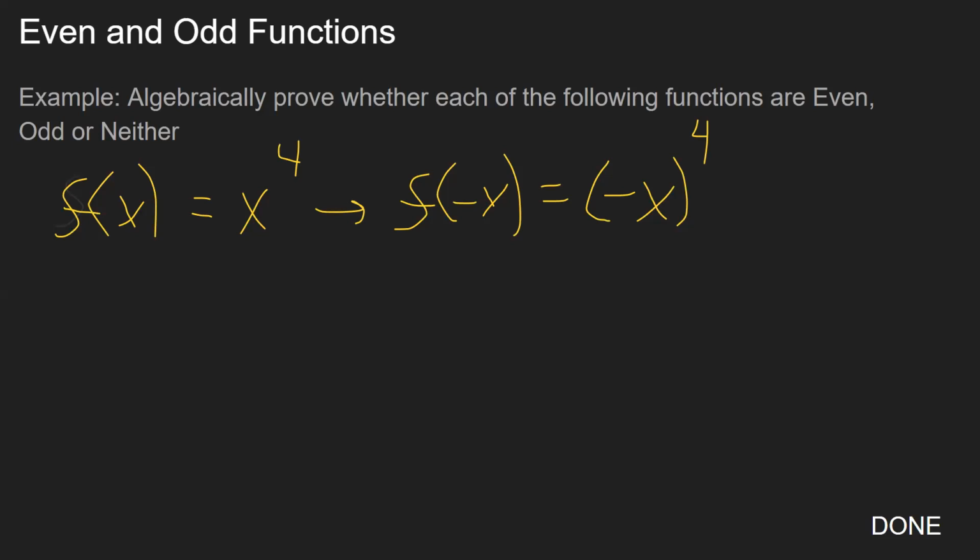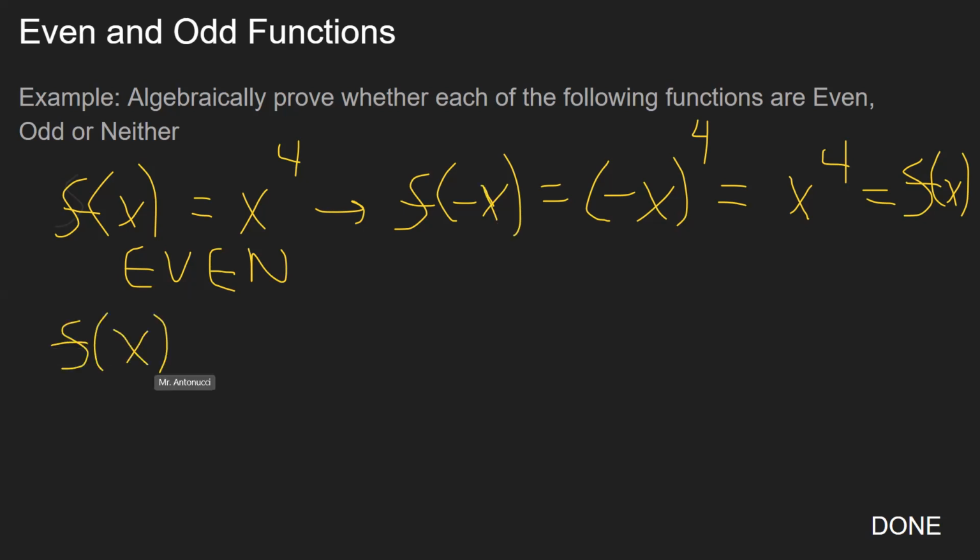Negative times negative times negative times negative is going to simplify to just x to the fourth. Well, that's equal to the original function. That means that this function is even. No matter what number I plug in, if I plug in its opposite, I'll still get the same y value back out.